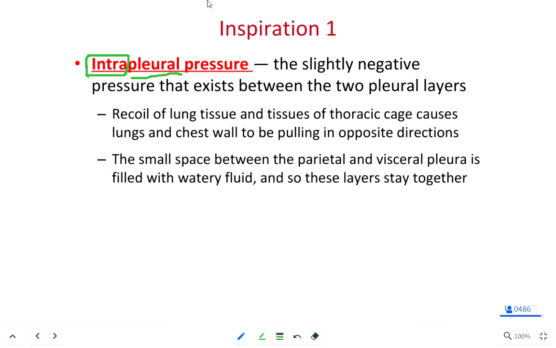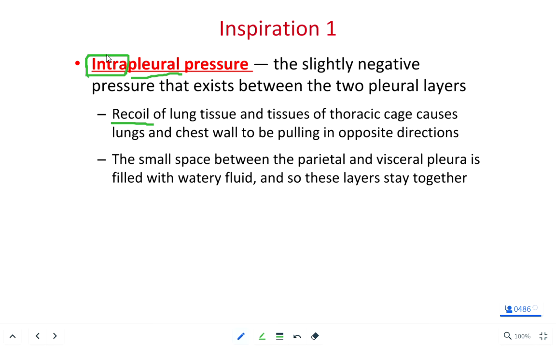And that intrapleural pressure needs to be slightly negative. It needs to be a little bit less than 0 millimeters of mercury. And that causes there to always be some residual volume to our lungs. That means our lungs will always try to stick to the side of our thoracic cavity. The recoil of our lung tissue, or the elasticity of the lung tissue, is also going to work with us.